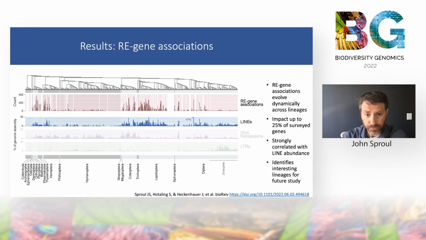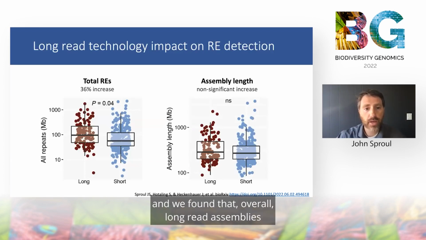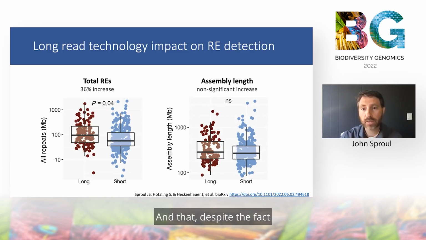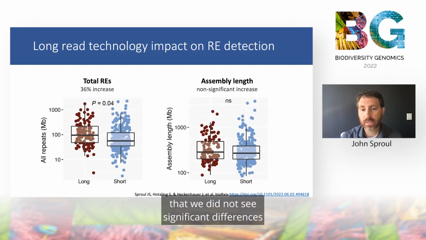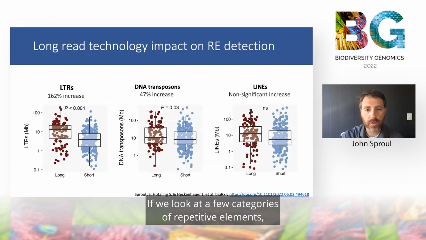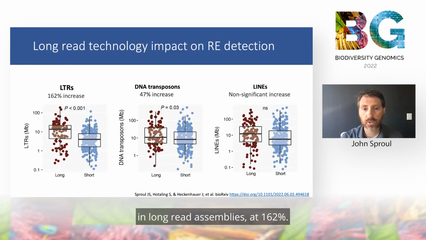So we looked at effects of technology, and we found that overall, long-read assemblies showed a 36% increase in total repetitive elements detected. And that despite the fact that we did not see significant differences in assembly length in long versus short read assemblies. If we look at a few categories of repetitive elements, LTR showed by far the largest increase in detection in long-read assemblies at 162%.